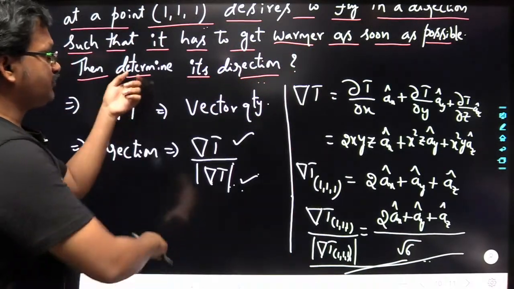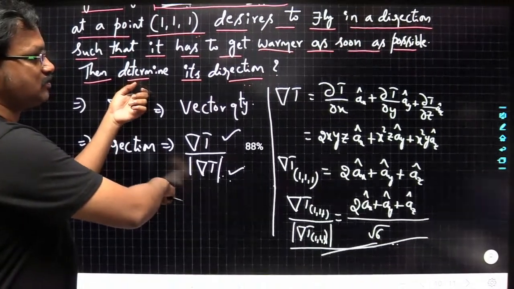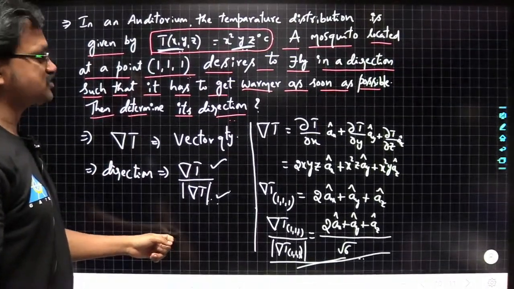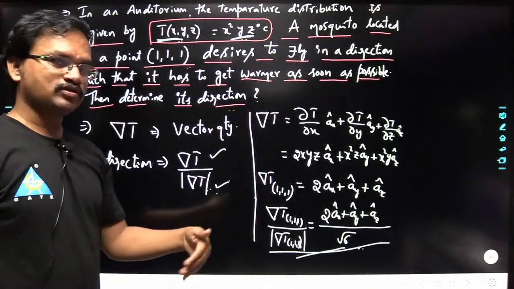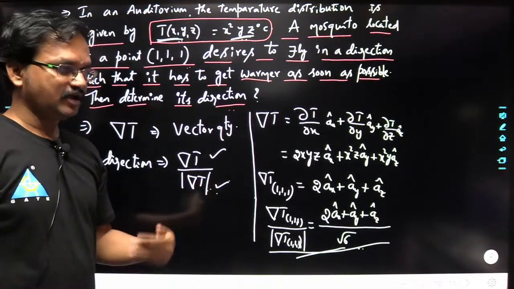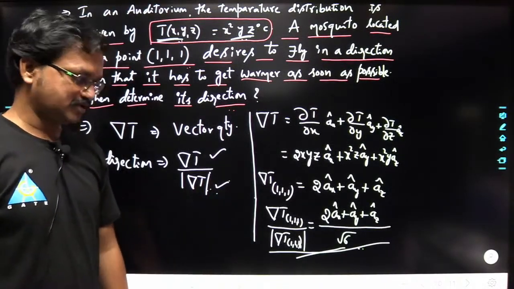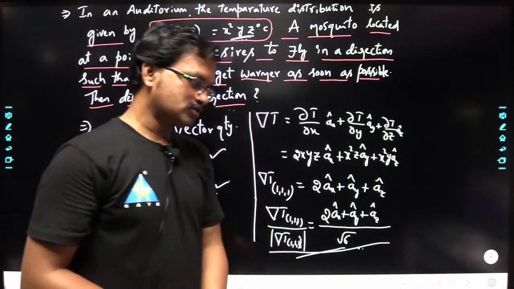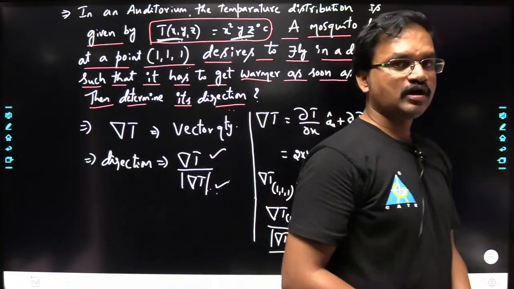So we will see some more applications of this gradient, and we will study some more things about this gradient in detail in the next session. So with this, I am winding up the session for today. Tomorrow also we will continue with the del operator.